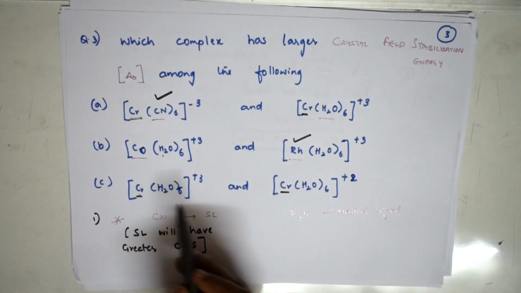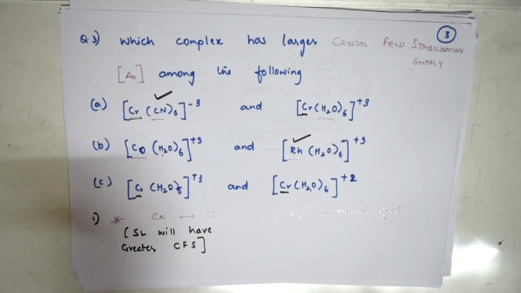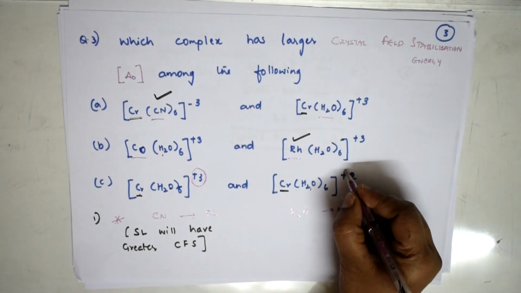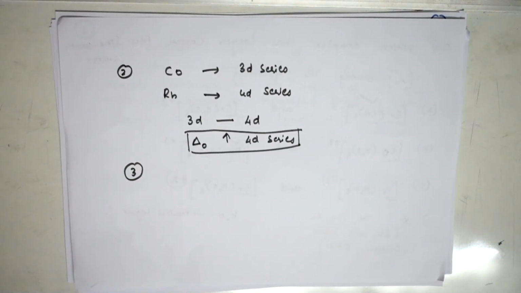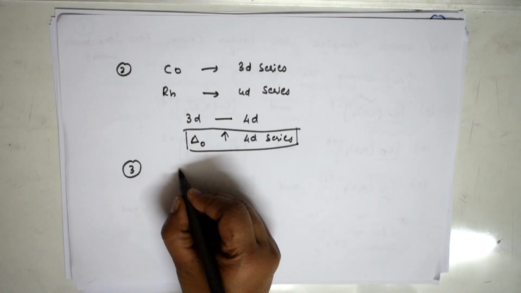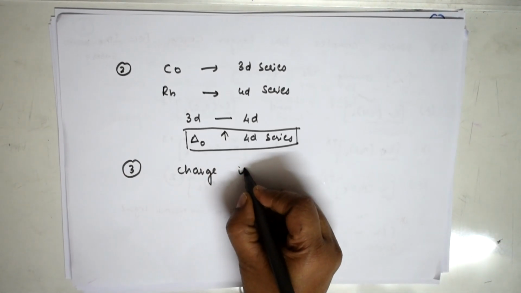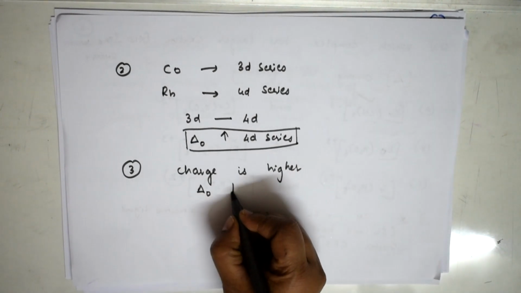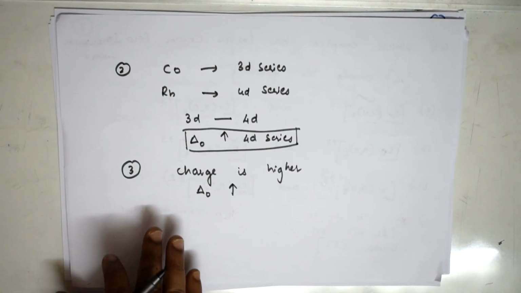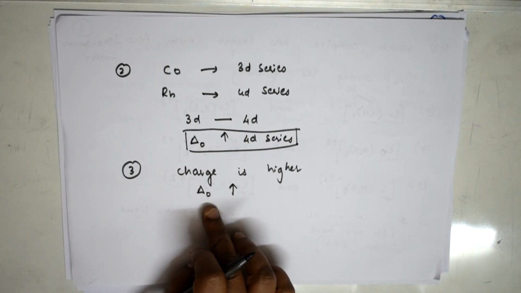Let us come to the third one. Now in this case, chromium, both are same. Water and water, both are same. On what should I judge? I'll be judging on the oxidation state. Remember, the third trick which is important is, if the charge or the oxidation number is higher, crystal field stabilizing energy will be higher.